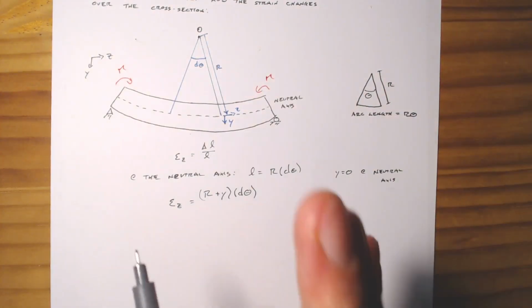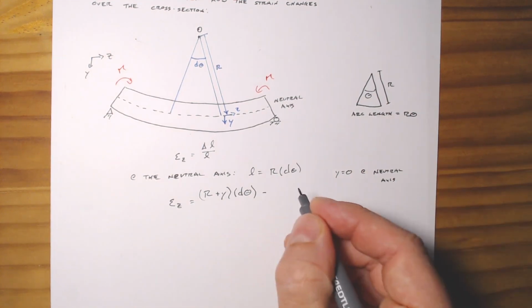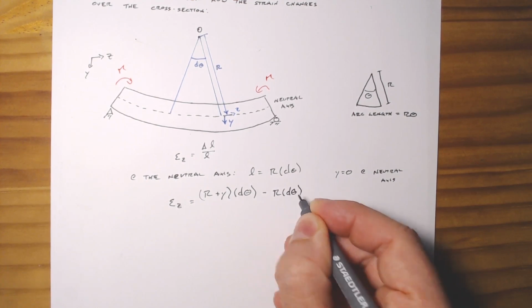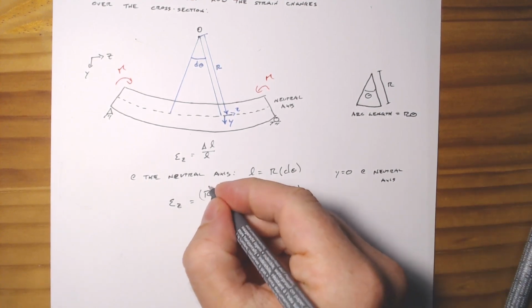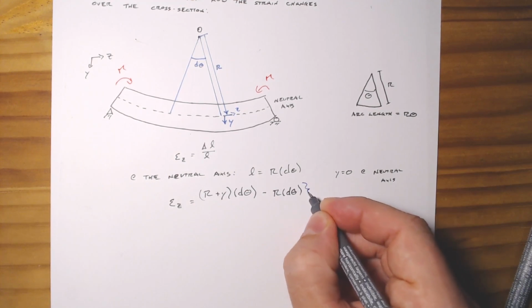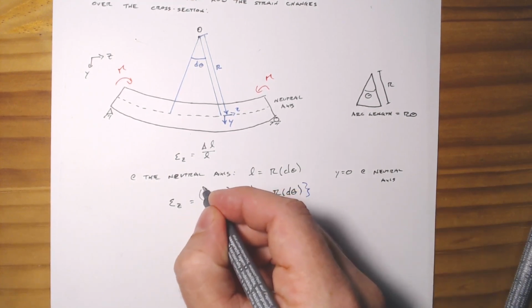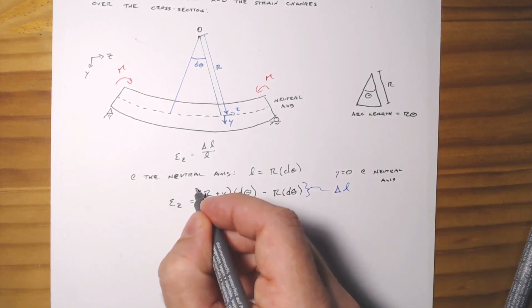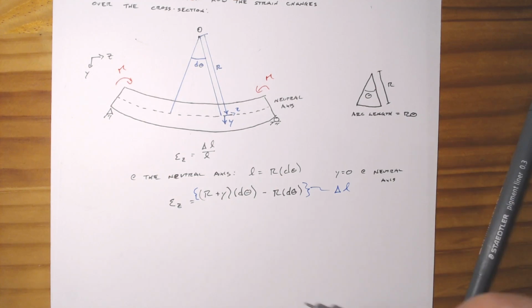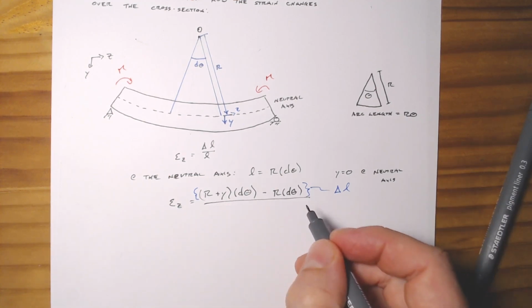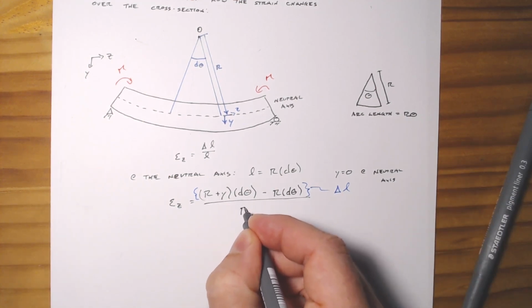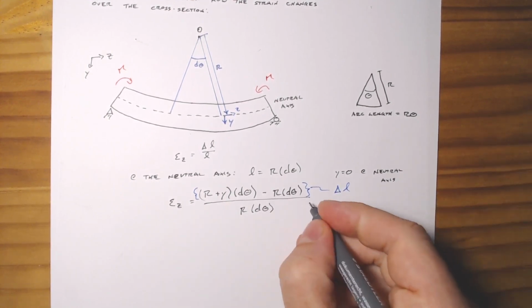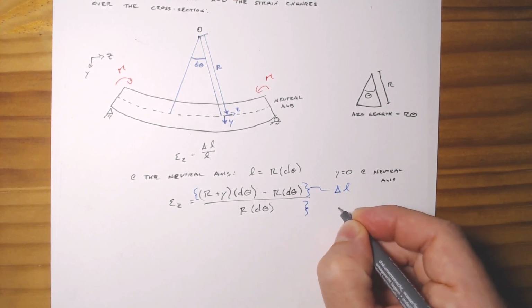So if this is our original length, and then we have minus r d theta, this is effectively the same as delta L. And then we want to go over our original length, which is simply going to be r times d theta, and this is equivalent to L.